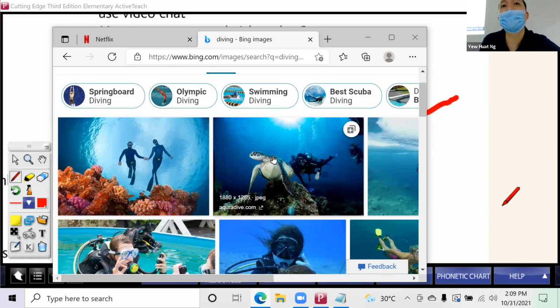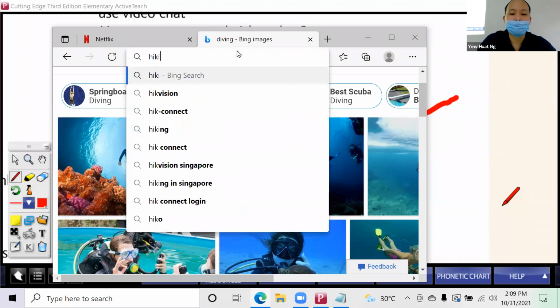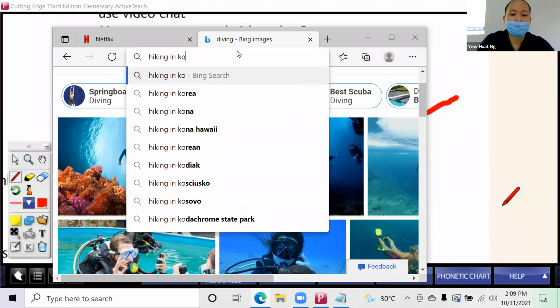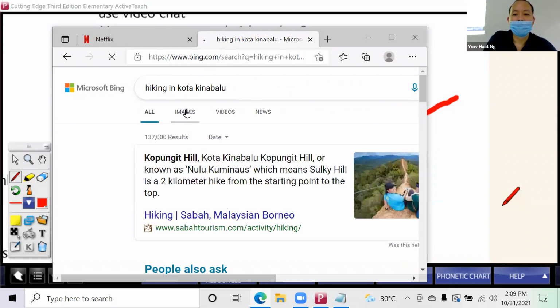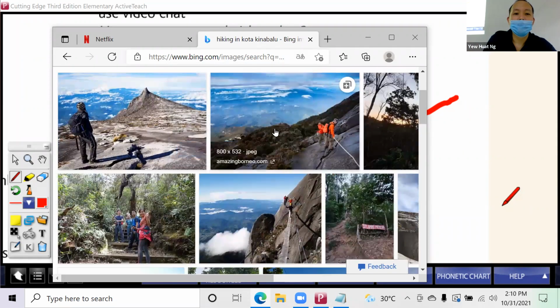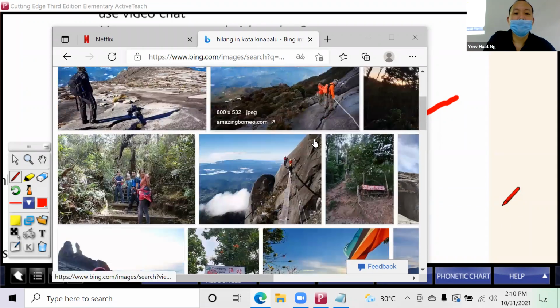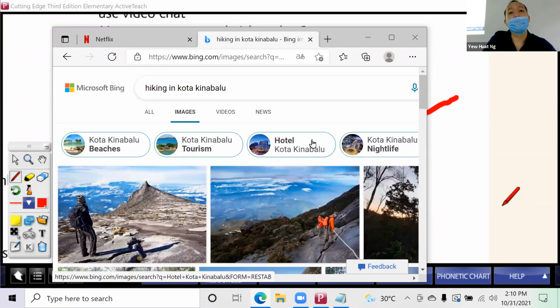Yes. Hiking. Oh, yes. Yes, he went hiking in Kota Kinabalu. Yeah, Kota Kinabalu, right. Oh, okay, that is dangerous. Jumping, you dived in, wait, diving as in diving?